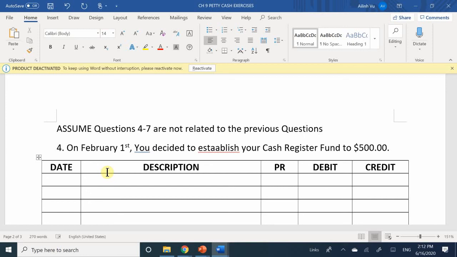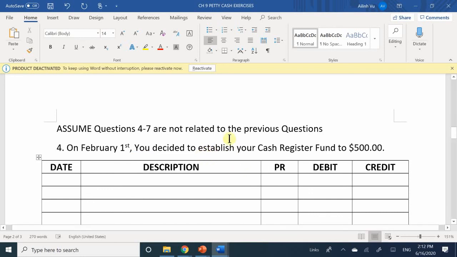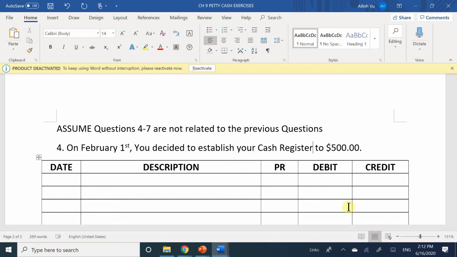Okay. So on February 1st, you decided to establish your cash register for $500. So I'm in the business of doing my register.